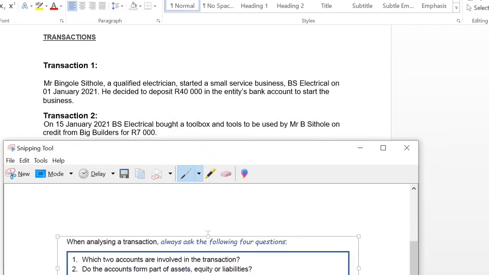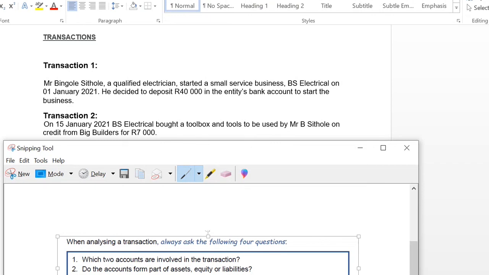Asset is bank, and liabilities is creditors, Big Builders. The asset is toolbox equipment.